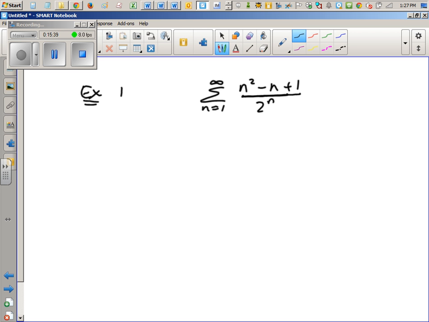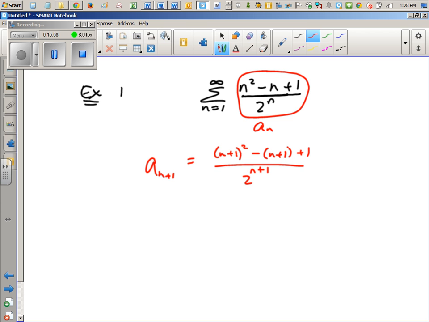Let's try our new test. Since this is a sub n, we're just going to jot down a sub n plus 1 real quick. That's going to be n plus 1 squared minus n plus 1 over 2 to the n plus 1. I just replaced all my n's with n plus 1's.